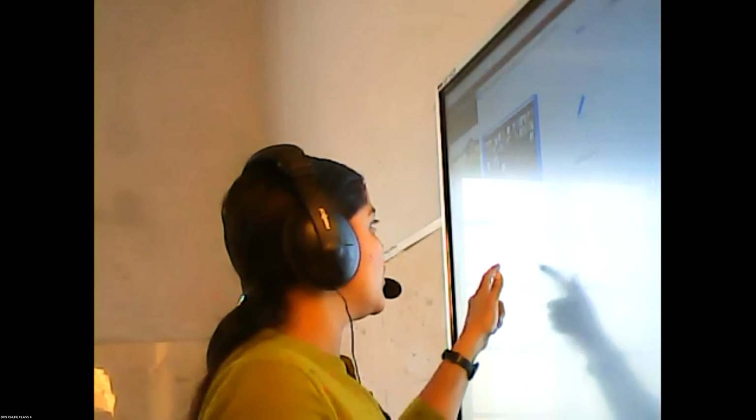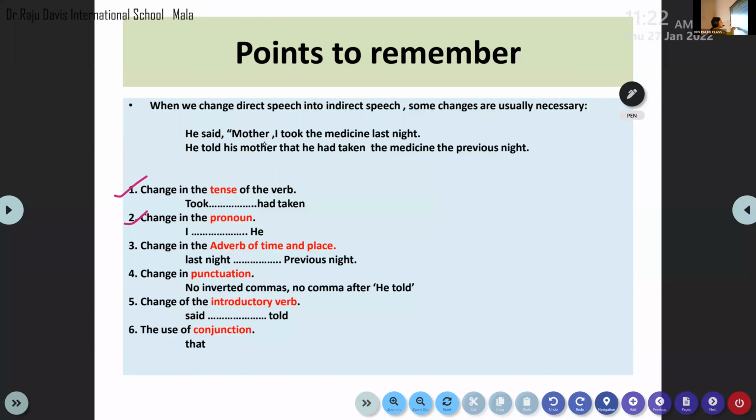Okay, next one, children. Look at the third point that you should remember, when you change an adverb of time and place. Here, the adverb of time used in the sentence is last night, "innale ratri." But when we change that, we have to use another way, right? We have to change it into previous night, because if I am reporting after 2 or 3 days, I cannot say last night, right?